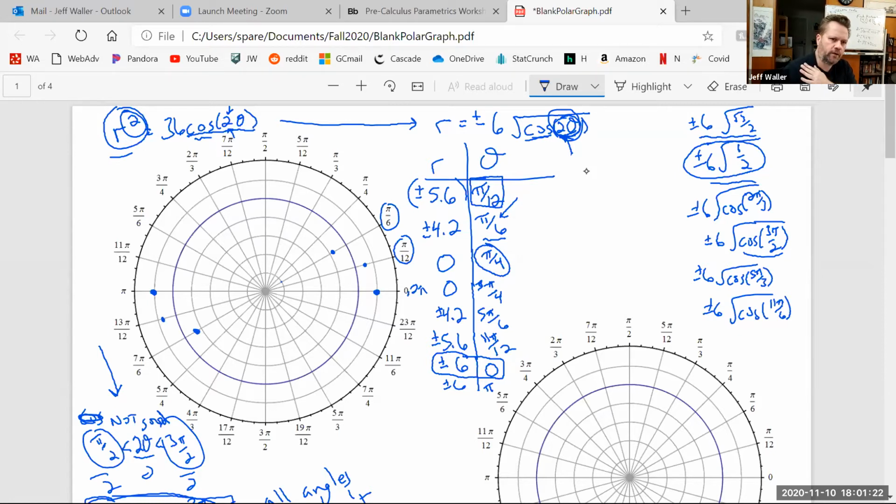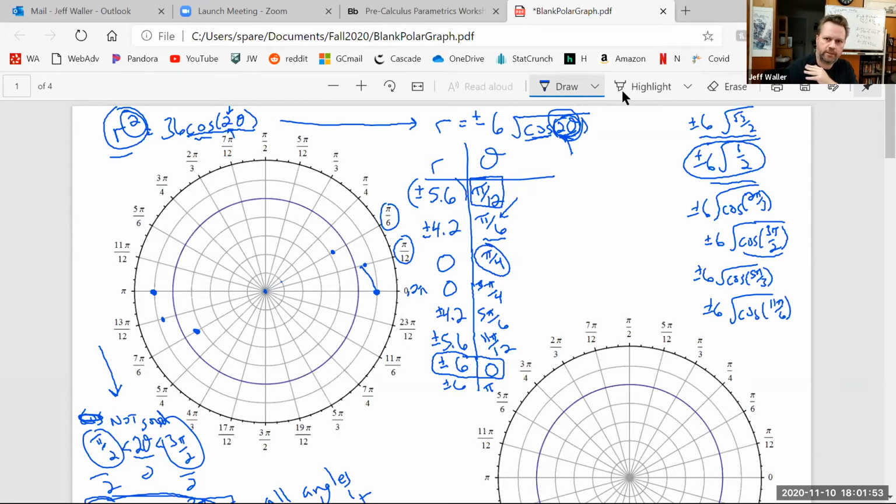Pi over 4. I face pi over 4, and I go 0. All right, now stay with me. So what have I got so far? It looks like it goes like this. I should have done a better job. Let me try to do a better job.